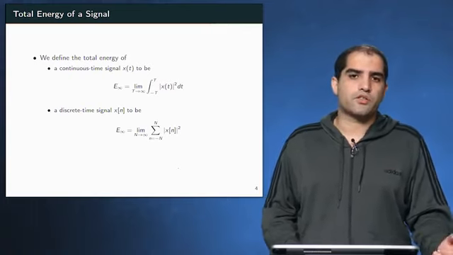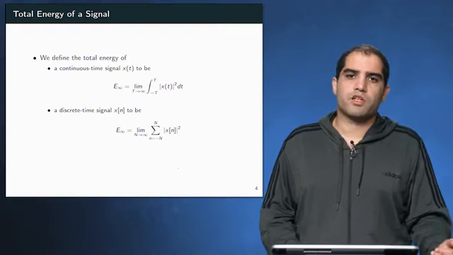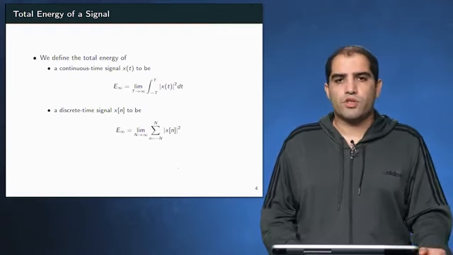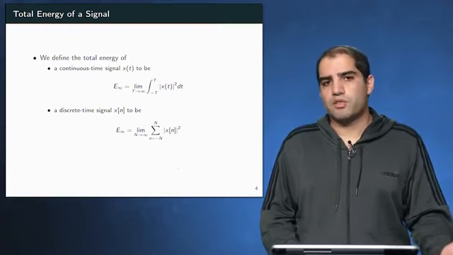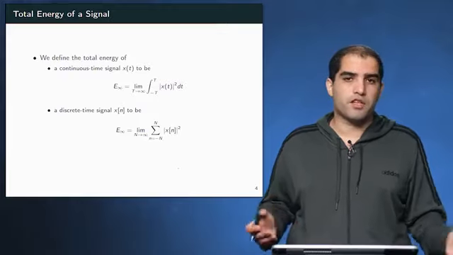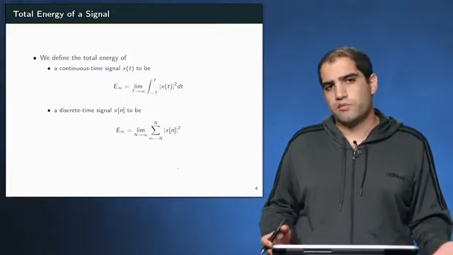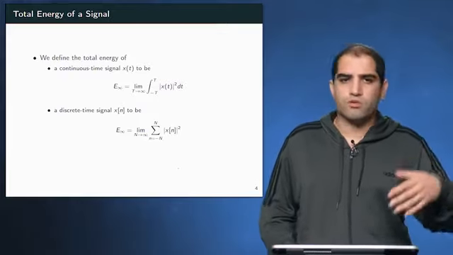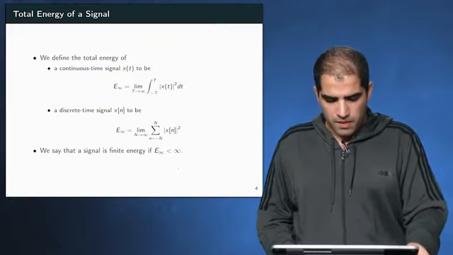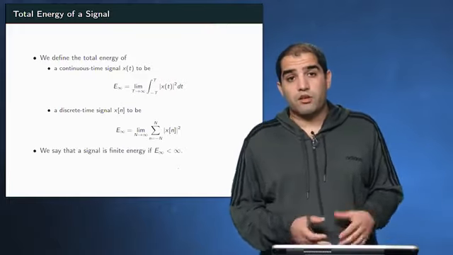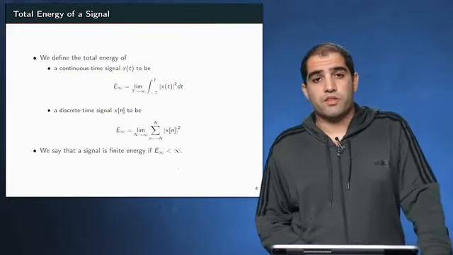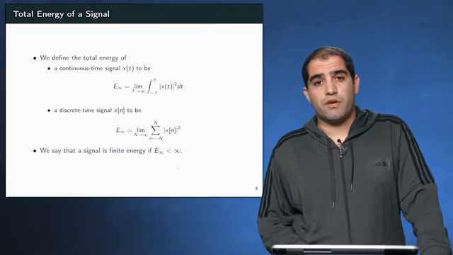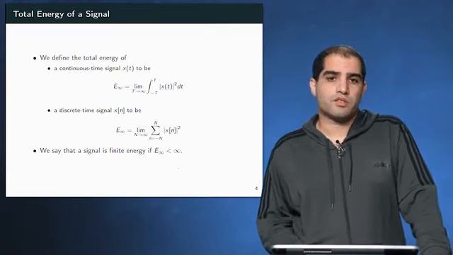So this total energy is always defined, right? Because we are integrating a positive signal. It might be infinity, but it is always well defined. So it is either finite or infinite. And we say that a signal is a finite energy signal if the total energy value is less than infinity.